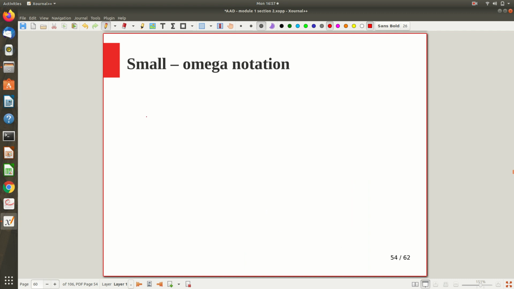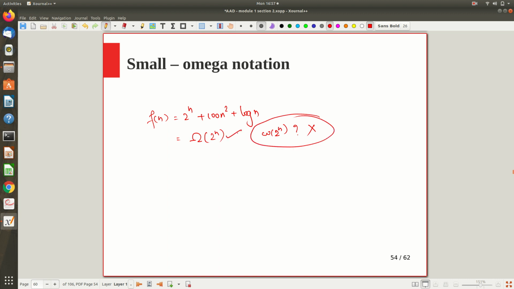Some more examples: say f of n is equal to 2 power n plus 100 n square plus log n. The dominating term is 2 power n, and it is big omega of 2 power n. But can I write it as small omega of 2 power n? This is wrong. I can't write it like this, but big omega of 2 power n is correct.